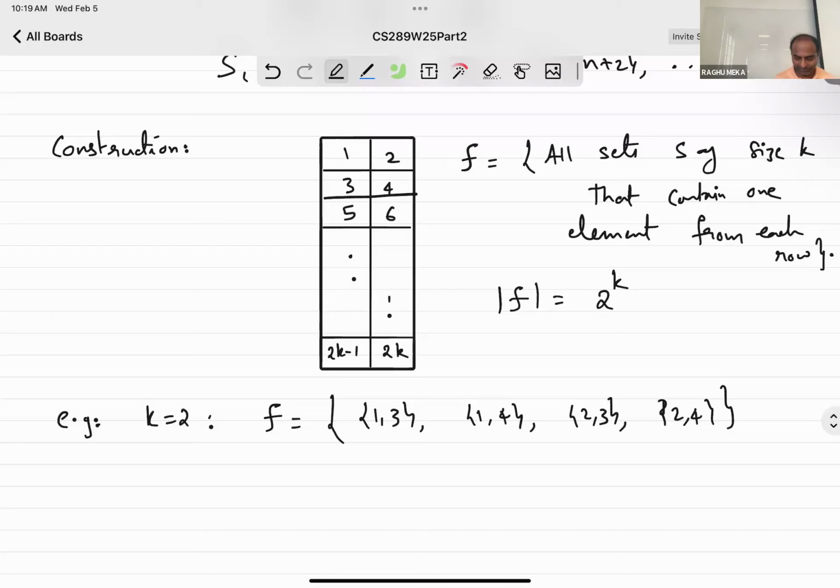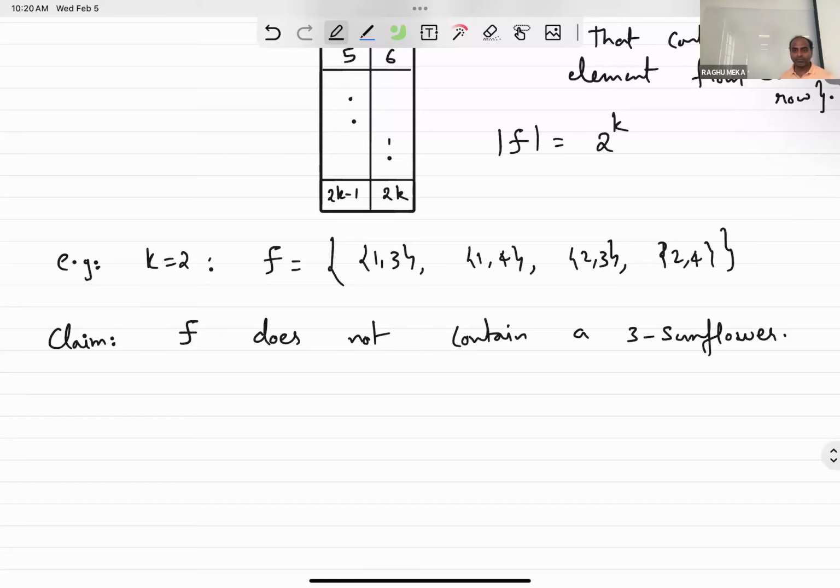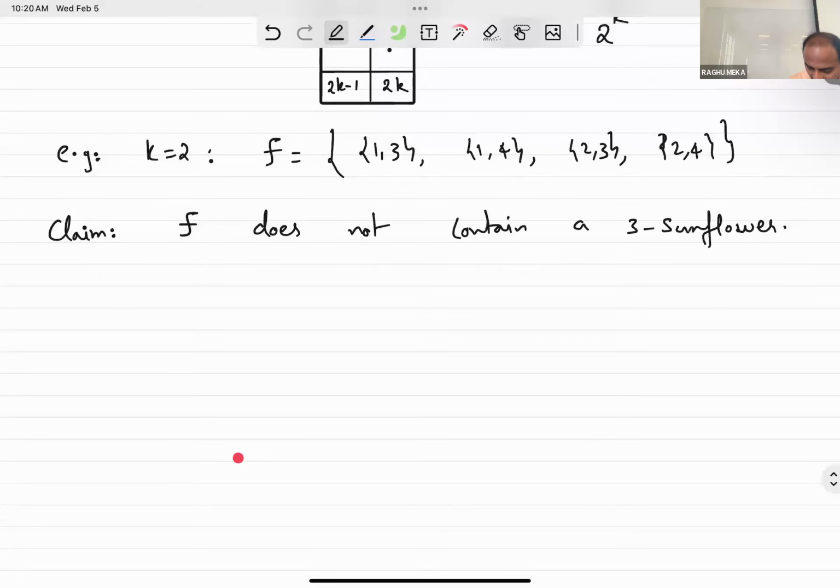Why is that? Claim: F does not contain a 3 sunflower. Okay, so proof.